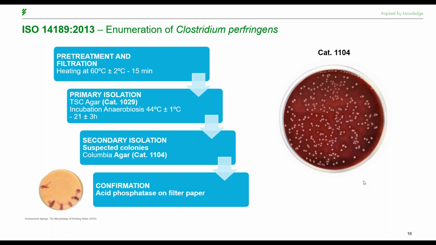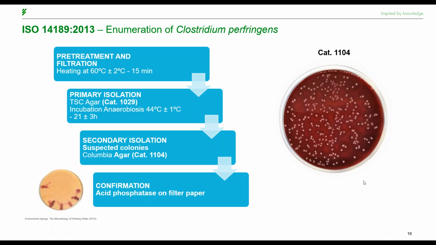Then the sample is filtered through a filtration membrane to retain the spores. This membrane is incubated anaerobically on TSC agar, which is a selective and differential medium. Cycloserine inhibits the accompanying flora, especially Bacillus, and both ferric ammonium citrate and disodium disulfite are indicators of hydrogen sulfide. In addition, the incubation temperature increases the selectivity for Clostridium perfringens.